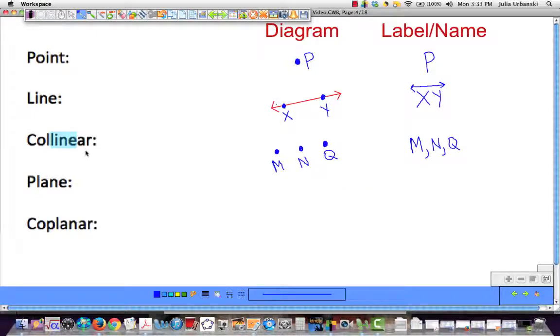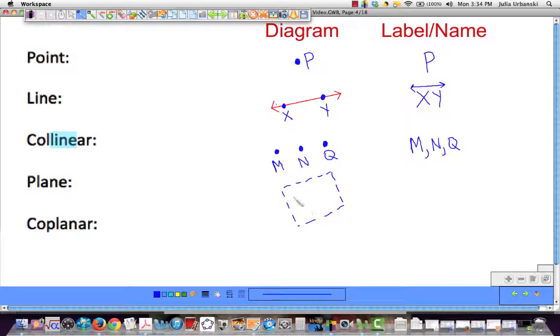A plane, if you're looking back at your definitions, a plane is 2-dimensional. So we draw it like this. And we put the dotted lines around the edges to show that it's extending on and on forever.